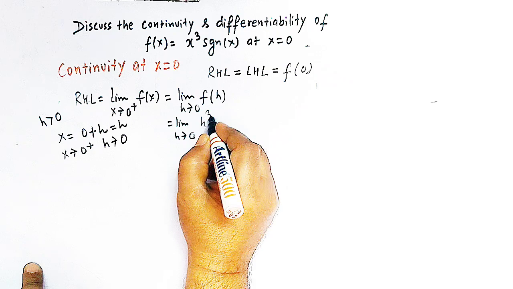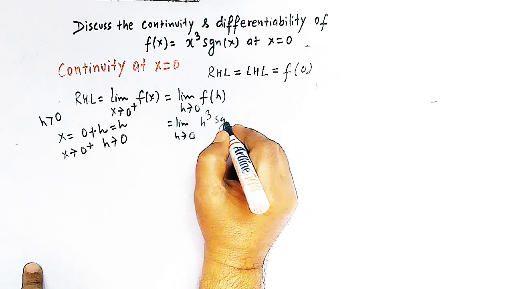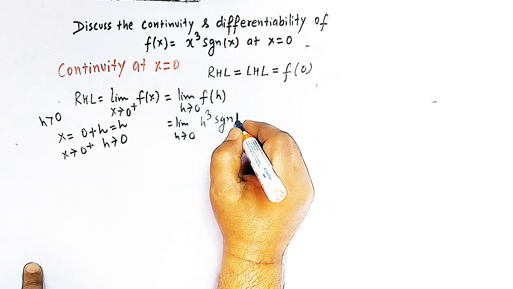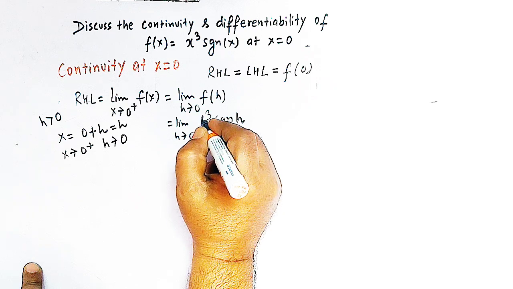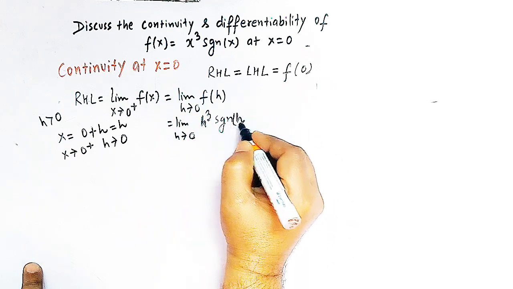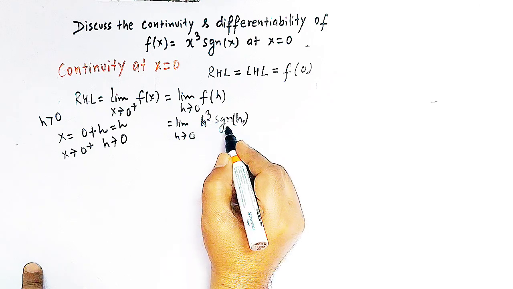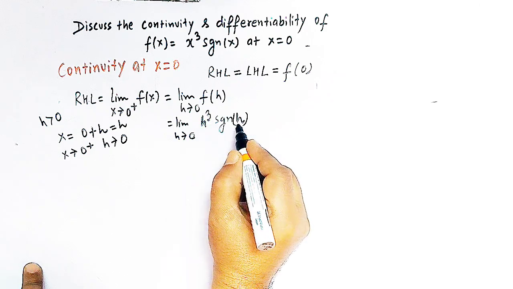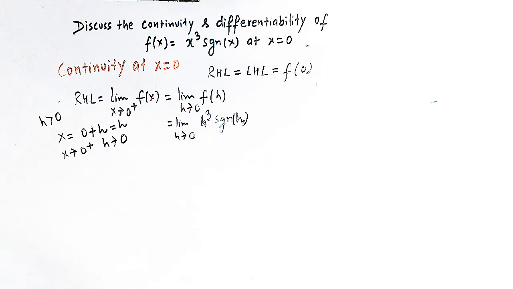So we have h cube, and here we have signum of h. Now we have to evaluate this limit, that is h cube times signum of h.